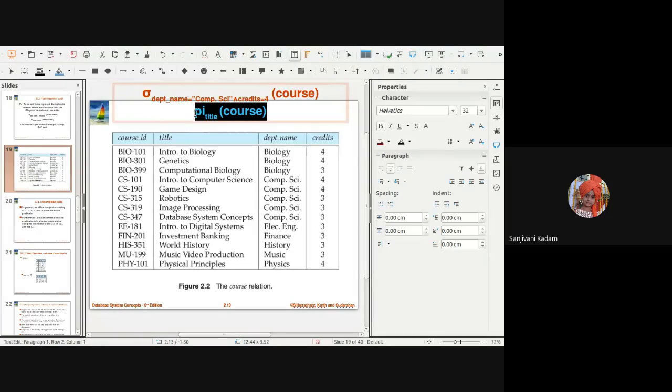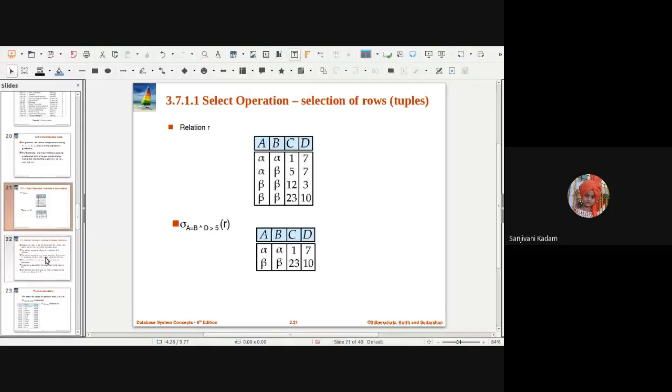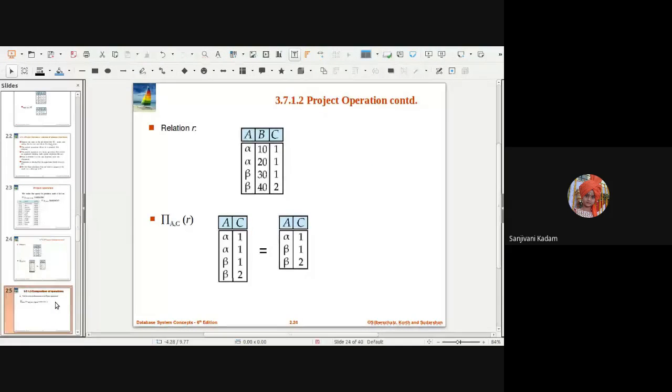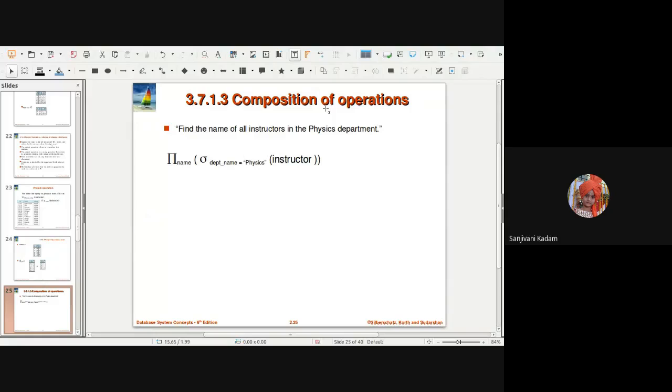Now we will move to the further concept. Next concept is composition of operations. Right now we have learned selection as one operation and projection as another operation, and if you wanted to combine these two operations, my query is: find names of all instructors in the physics department.